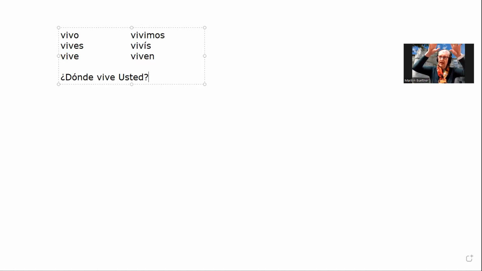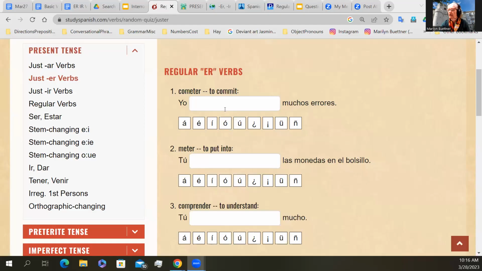And to pick that vive out of the chart, not be using vivo, the yo one first, becomes difficult for English speakers. So it will take a while for you maybe to get to that point, or maybe it won't take a while. Let's see if we can use a different screen to practice some more of these verbs, see if we can just start to get a feel for using the right form out of order.